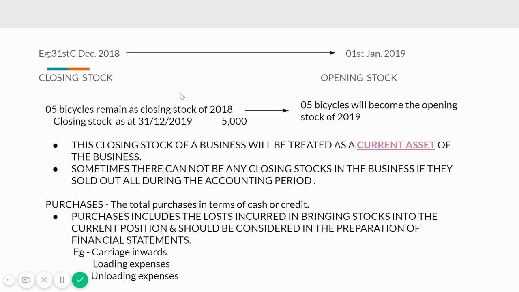So at that time they will be using them in the beginning of the next accounting period, and that will be the opening stock of the accounting period that we are considering.